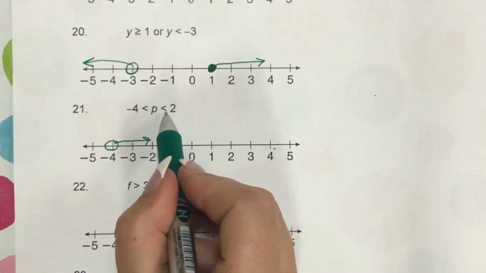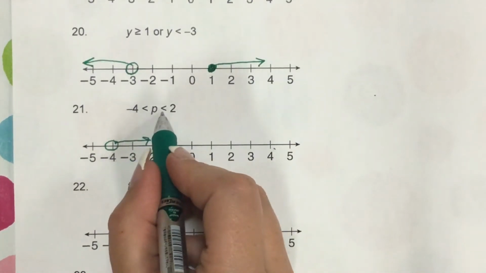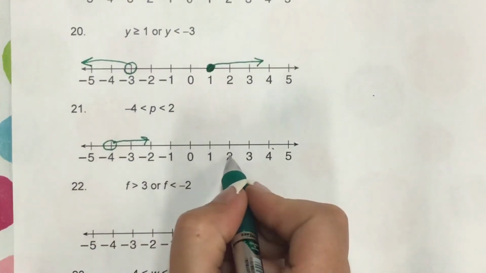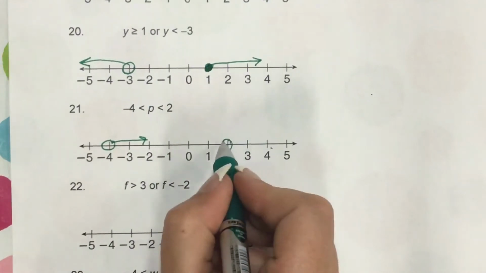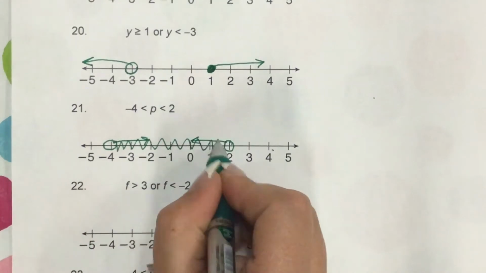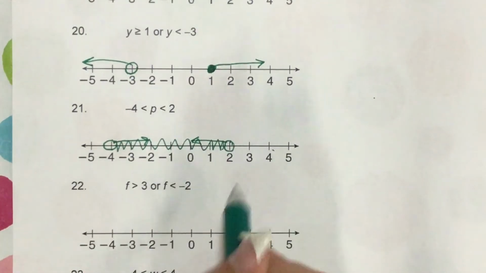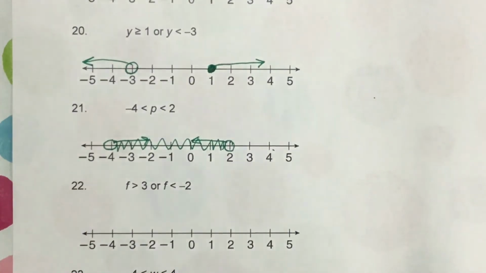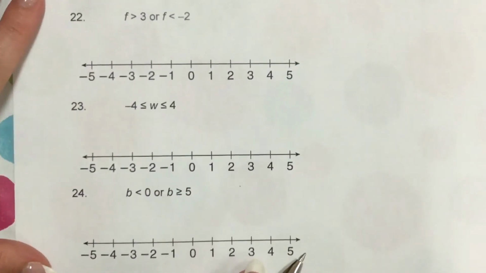Then I'm going to go to 2, and p is less than 2, which means it's going to be an open circle, and everything less than 2 would be this way. So the solutions for p are everything in between -4 and 2, but not including -4 and 2. So if you got that one right, great job. Okay, let's go on to 22.